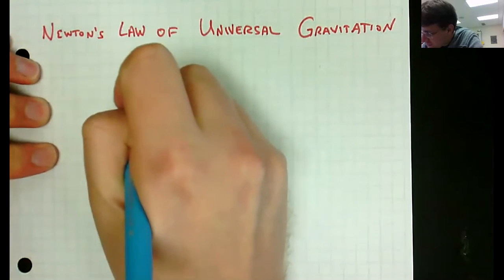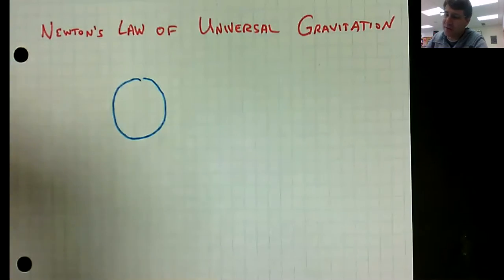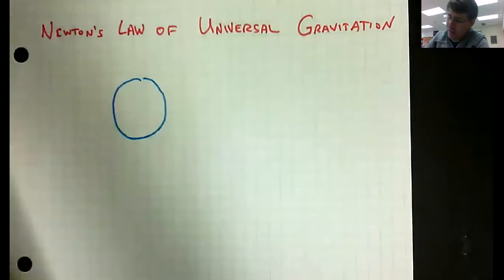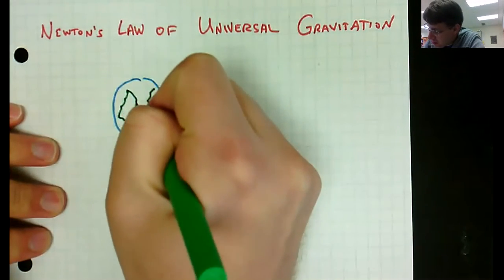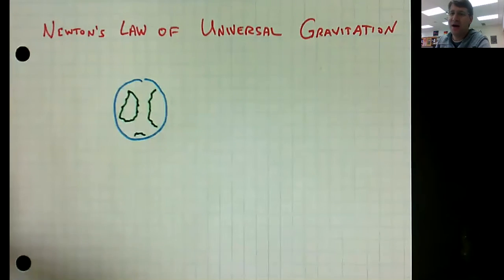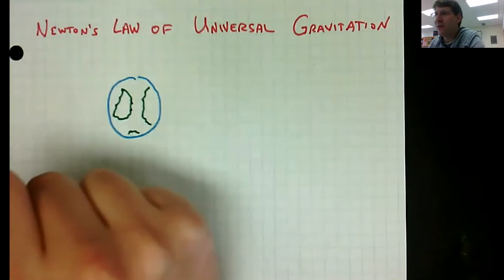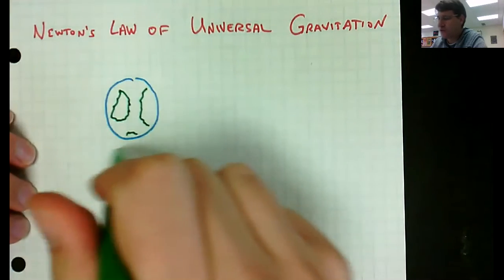He started by just thinking about the moon. So here's the Earth. By the way, there's a common misconception that people thought that the Earth was flat until around Newton's time. It's not true.